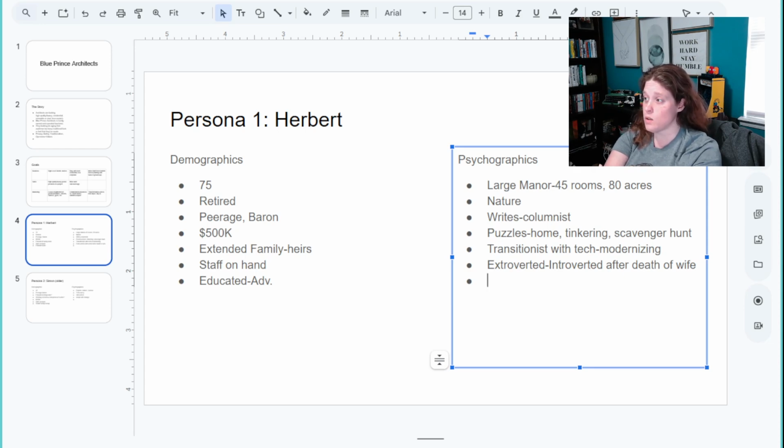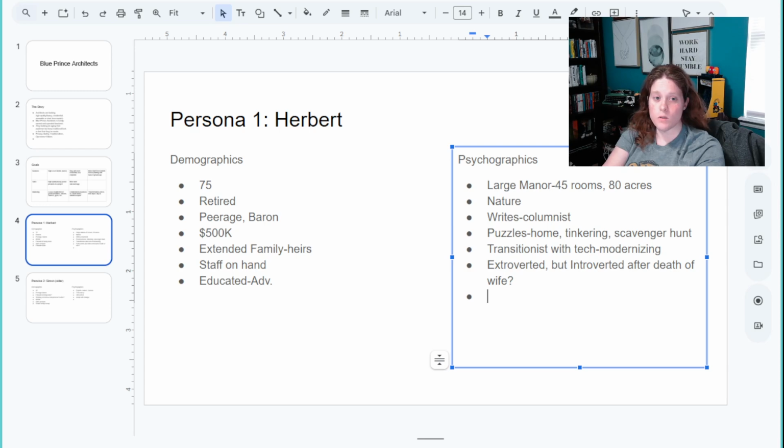They refer to her ladyship, and I'm not sure if that's towards Mary or his wife. It could really be both. So we'll leave that there, which makes sense. You kind of introvert and go into yourself after the death of a loved one.